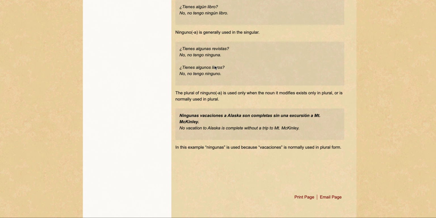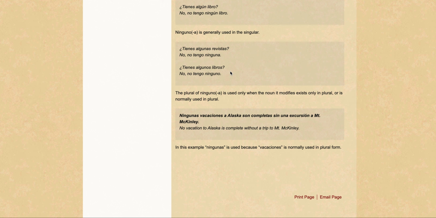So libros and revistas have a singular form. Libros has the singular form libro. So even though this is plural, we're not using the plural form of ninguno or ninguna for that matter, right?